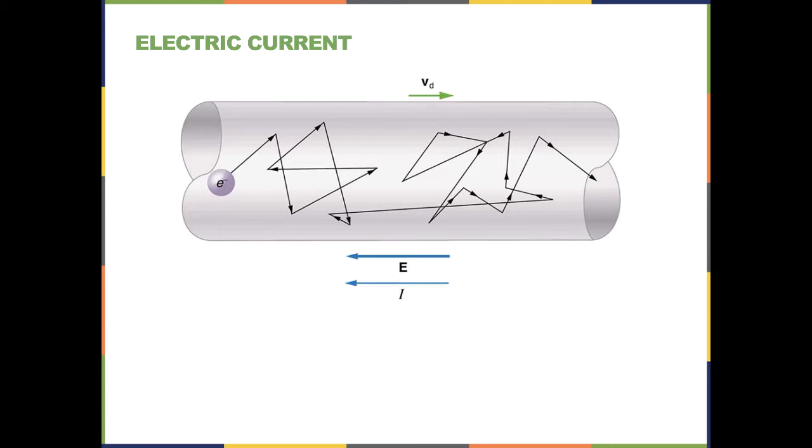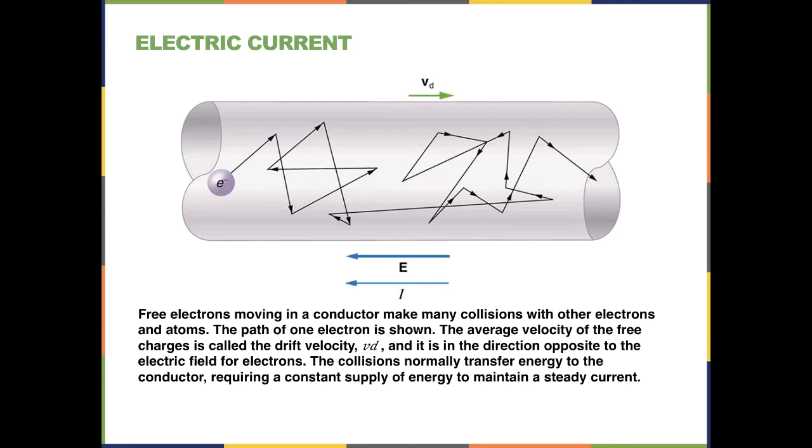As you see, it's in the opposite direction of the field and the opposite direction of the current. Free electrons move in a conductor, and they make collisions with other electrons and with other atoms. That's why this haphazardness occurs. This is the path that's shown here.